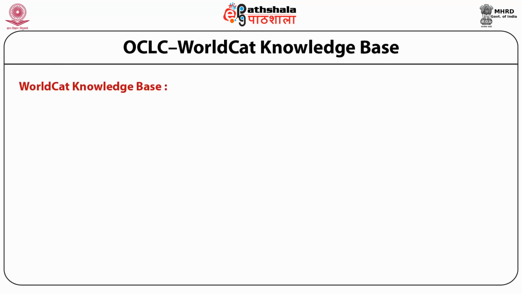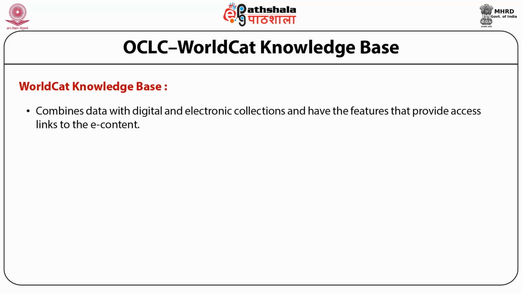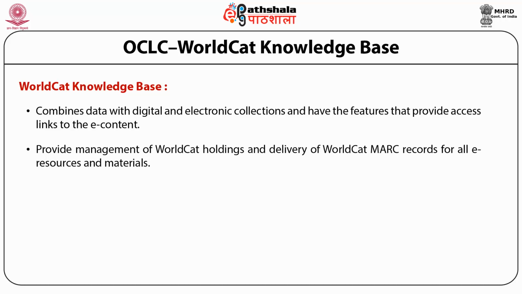OCLC WorldCat knowledge base. What does WorldCat basically combine? What is the knowledge base of OCLC WorldCat? It combines data with digital and electronic collections and has features that provide access linked to the e-content. It provides management of WorldCat holdings and delivery of WorldCat MARC records for all e-resources and materials.